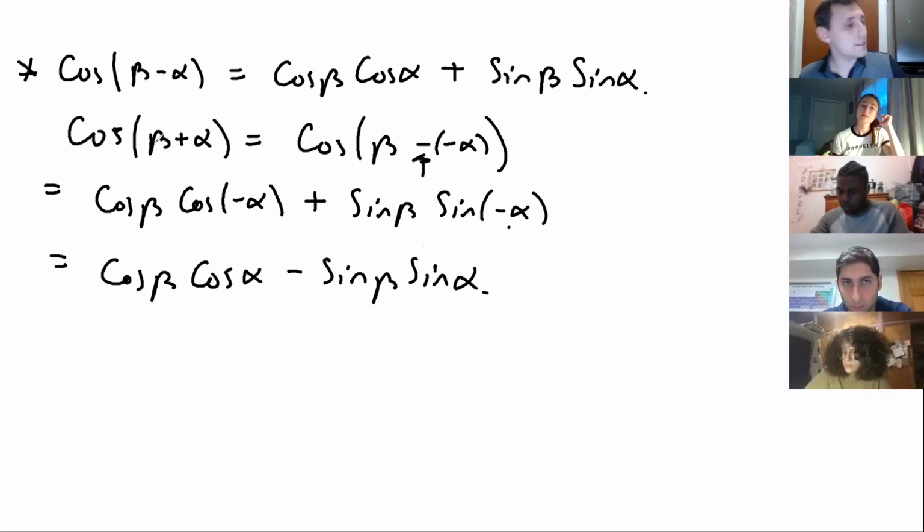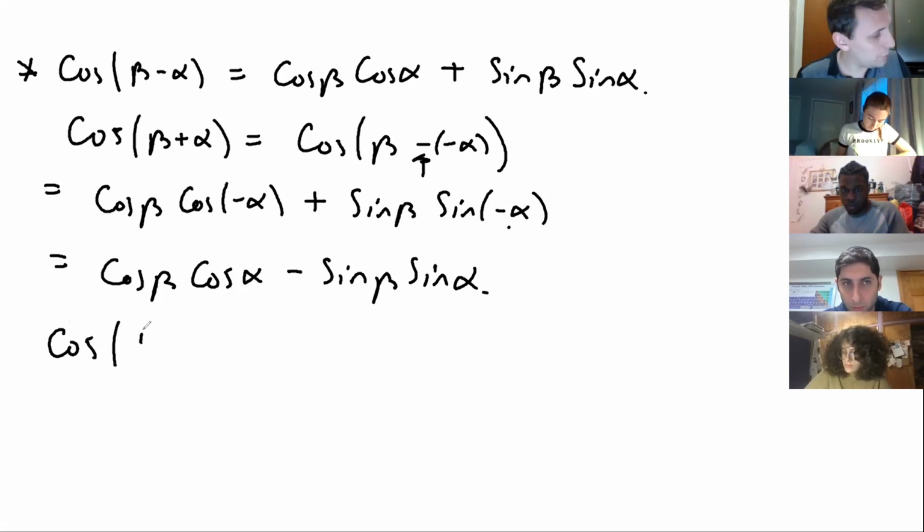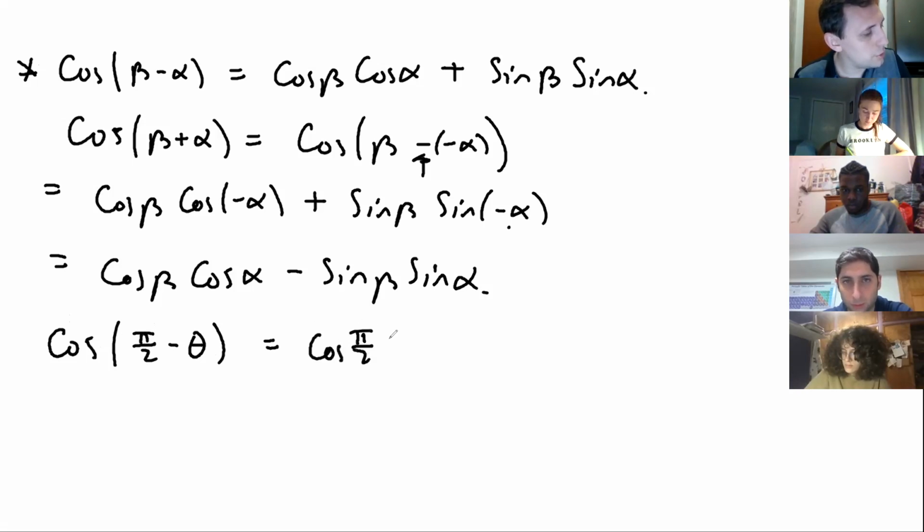Now help me, guys, to understand, right? Using this first theorem, we see that cosine of pi over 2 minus an angle theta is cosine of pi over 2 cosine theta plus sine of pi over 2 sine theta.